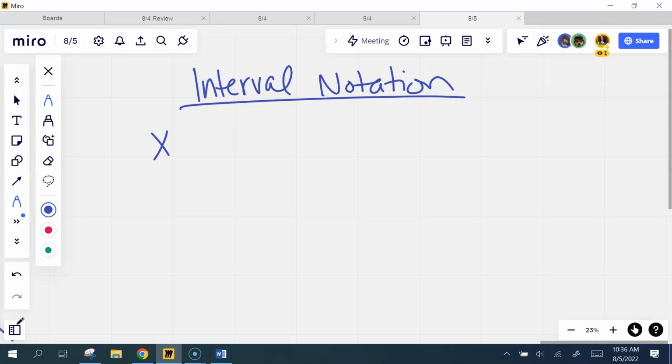This is just the title heading, by the way: interval notation. If X is less than 3, if I were to put that on a number line, how would I show it?